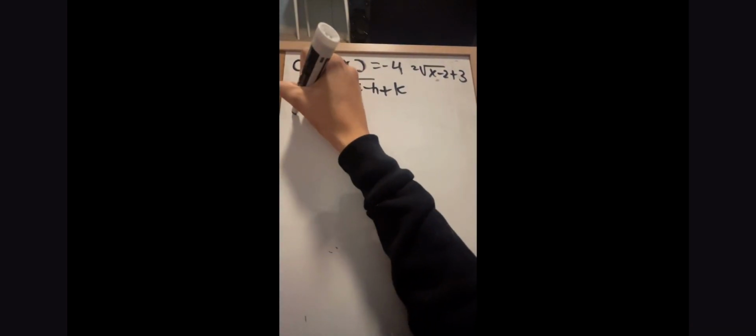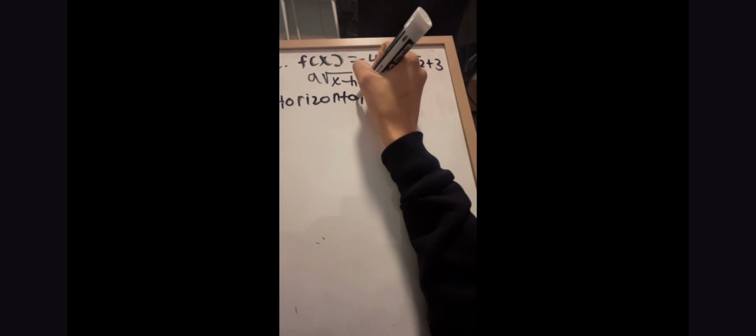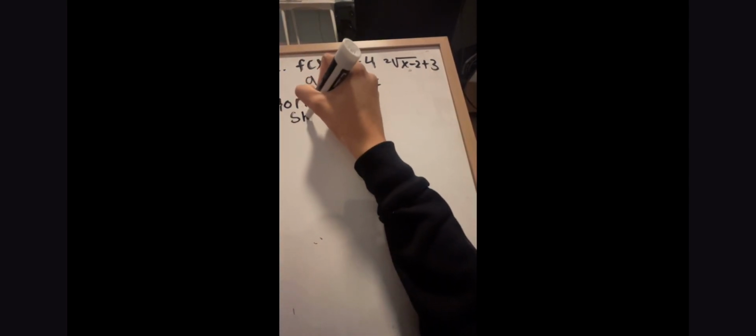So now the first thing that we're going to look at is the horizontal shift and where it will be shifting. In the first part, we kind of talked about how to get to the horizontal shift, but now we're just going to get straight to it. So, horizontal shift.